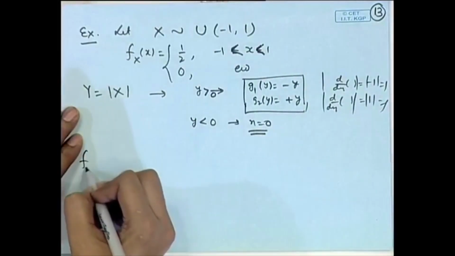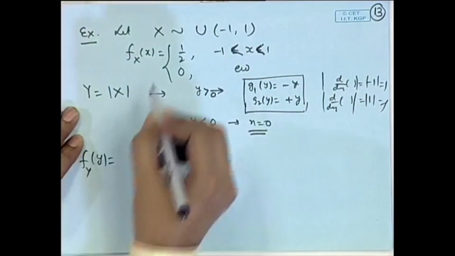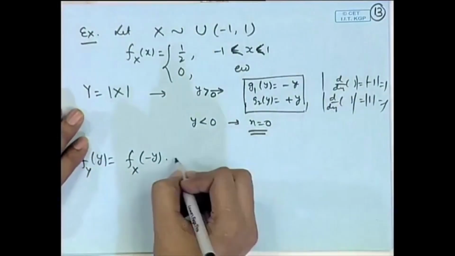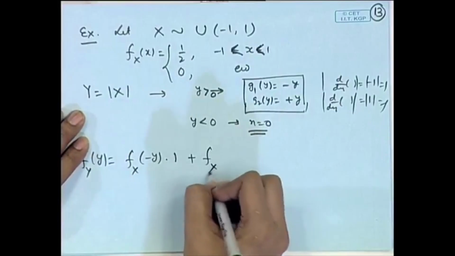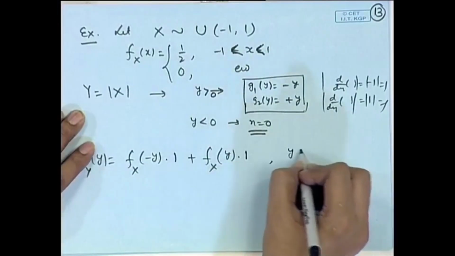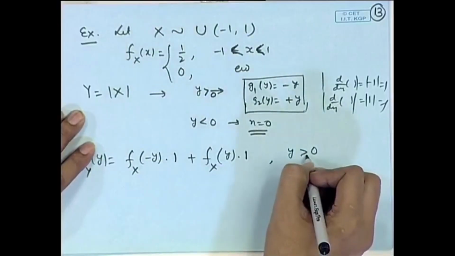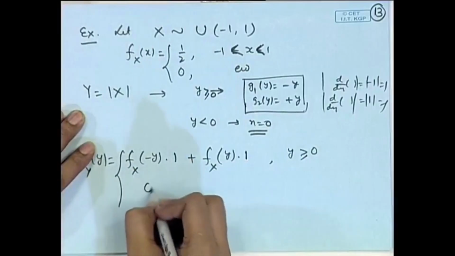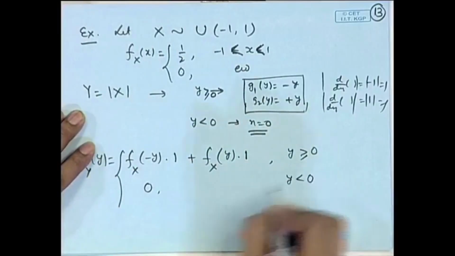So, the density function of y is the density function of x at -y into 1 plus the density function at plus y into 1 for y greater than 0. If you want, we can include equal to 0 also, that does not make any difference, and it is equal to 0 for y less than 0.